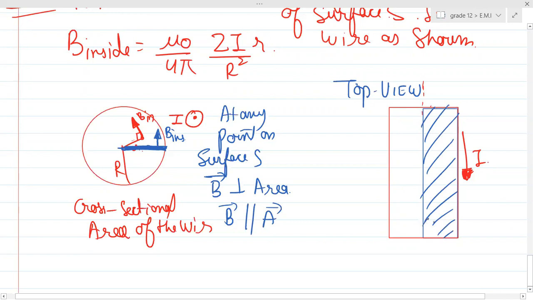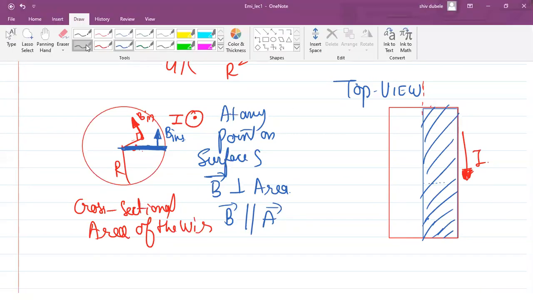So basically, guys, now what to do? Can you see? As you move away from the center, the magnetic field strength increases, right? So basically, it's the case of variable magnetic field. Whenever it is variable magnetic field, now what will you do?